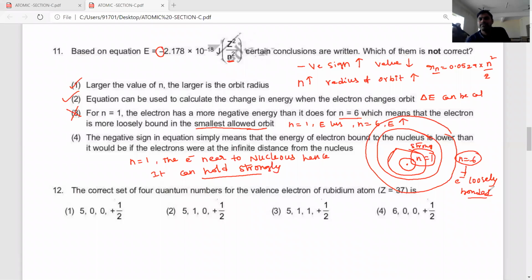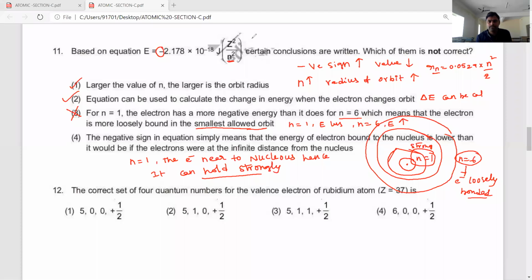If n is equal to 1, the electrons are present in the inner shell, and inner shell electrons are strongly attracted by the nucleus, because the distance between the nucleus and the shell is very small. That's why the electrons are highly bound. So the third option is wrong. Let's see the fourth option.